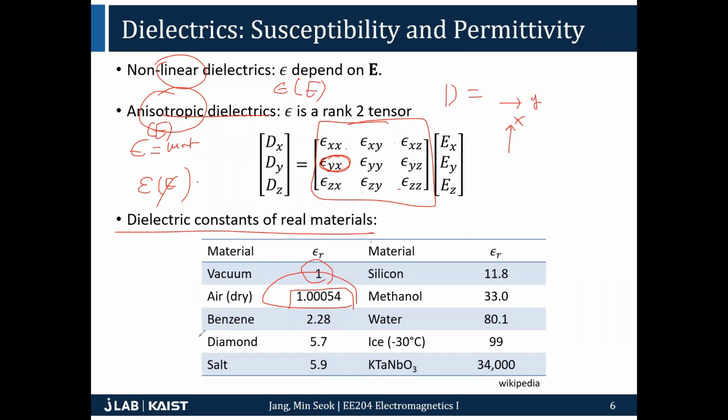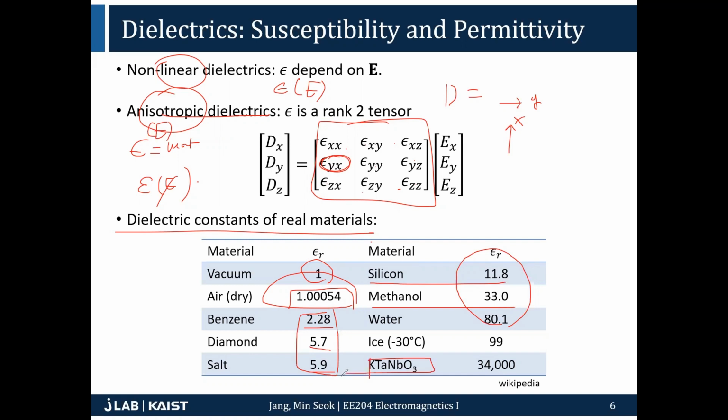And then benzene, diamond, and salt. These are famous dielectric materials, and you can see the epsilon now deviates largely from 1. Silicon, methanol, and water have even higher dielectric constants. And then an extreme case, KTaNbO3.